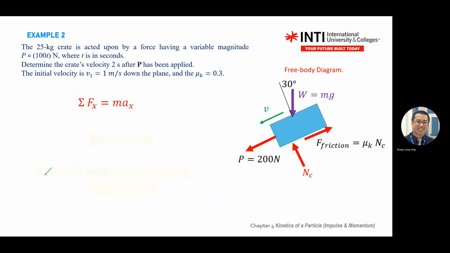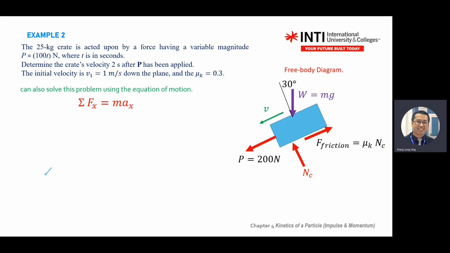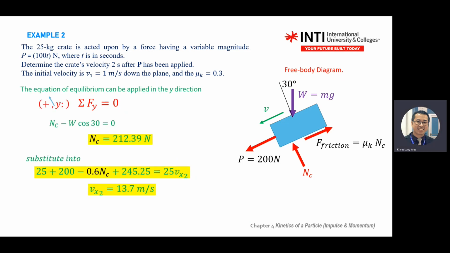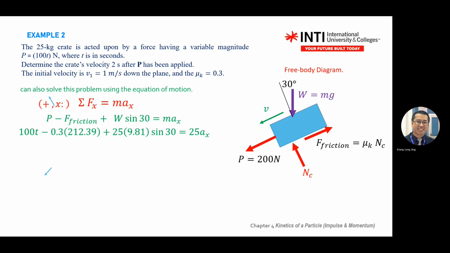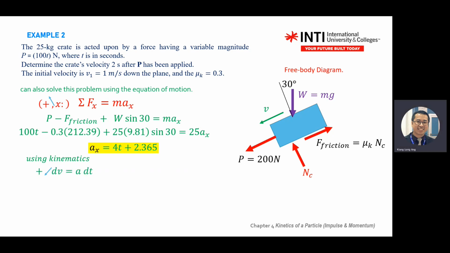Another solution is that I solve using chapter 2, F equals ma. Just now I solved using linear impulse and momentum. Now I solve using chapter 2, F equals ma. Same, you substitute all the forces on the left-hand side and ma on the right-hand side, in one particular direction, x. Then recall the definition of acceleration, a equals dv/dt.